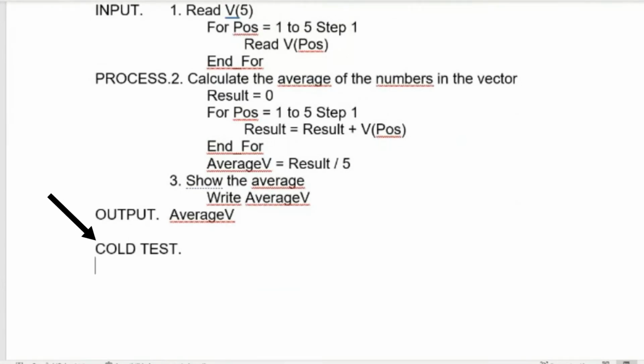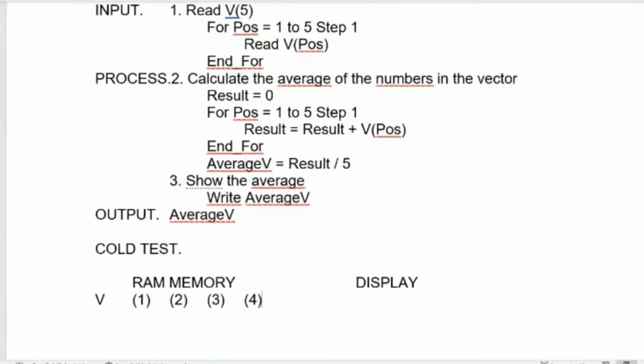First, we need a place for the memory. The RAM memory is the memory of your computer and the display. And we need a vector. The name of the vector is V. It has first position, second position, third position, fourth position, and fifth position.